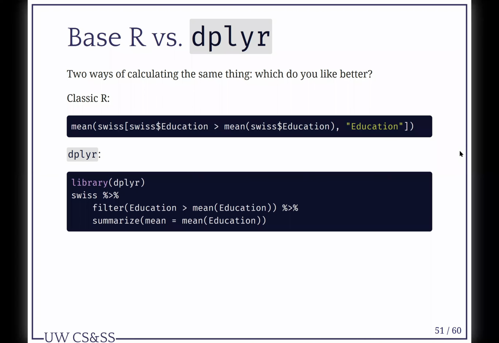We contrast this with dplyr, which can provide us the same thing by saying Swiss and then filter education that's greater than mean education, and then summarize mean equals mean education. One of the reasons I like to teach dplyr is because of how legible this is to me.